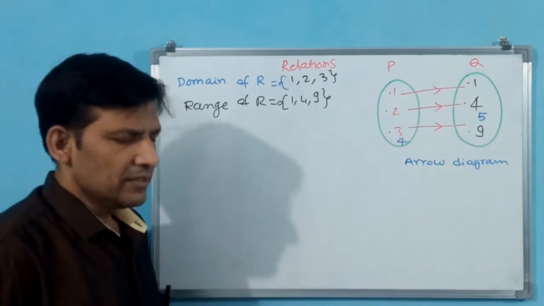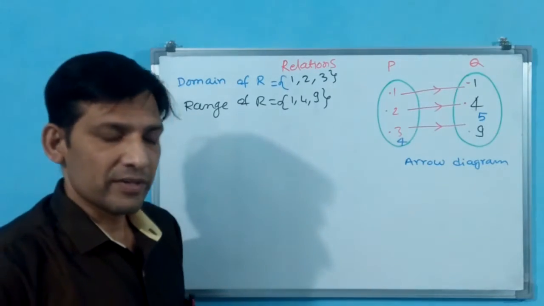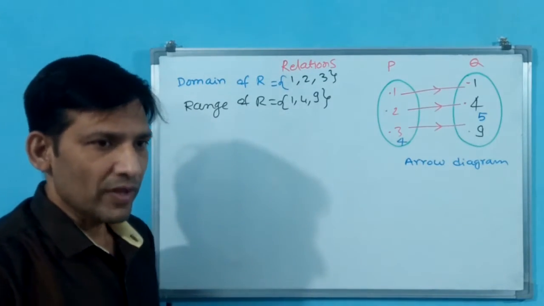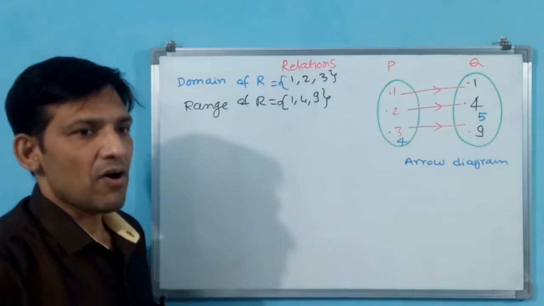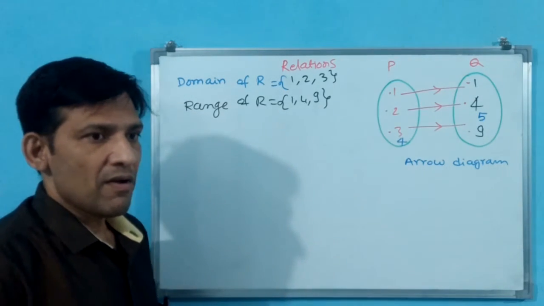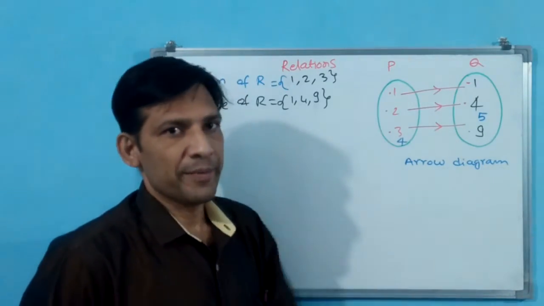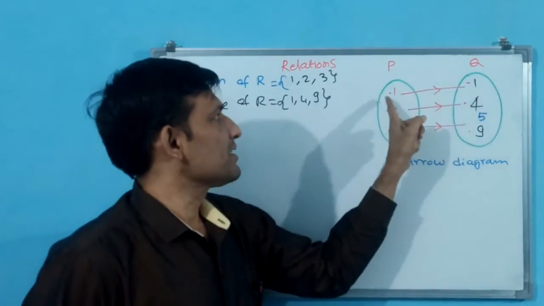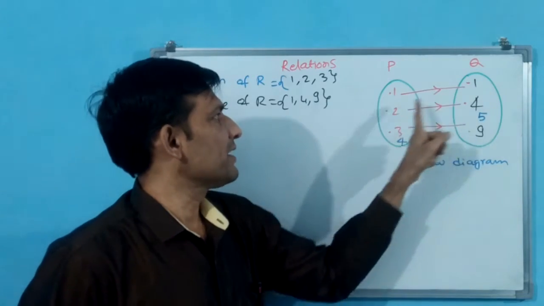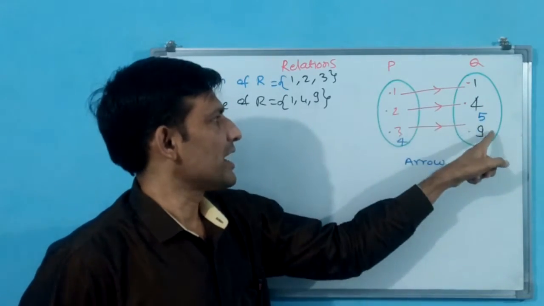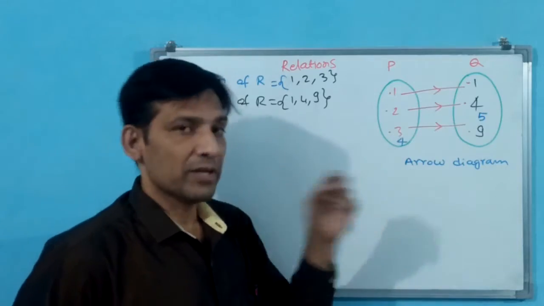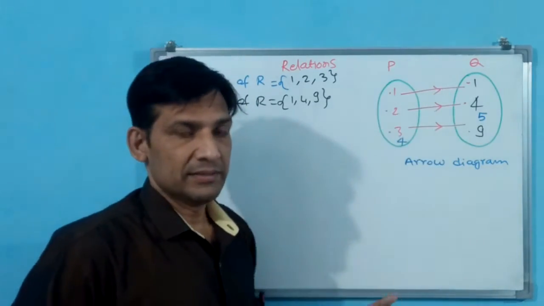Same as the definition: the range of a relation is the elements in B which are having a relation with A. See, 1 is having a relation with A, 4 is having a relation with A, and 9 is having a relation with P. Maybe with different elements.